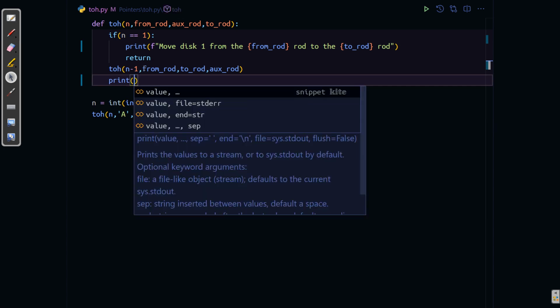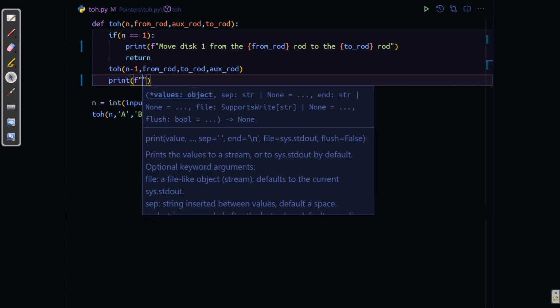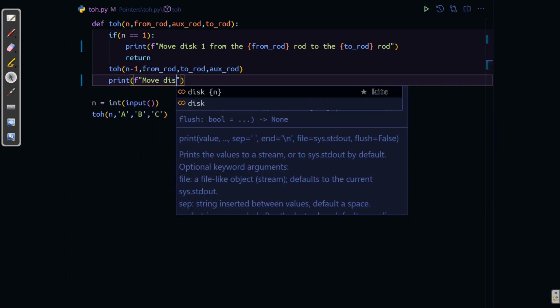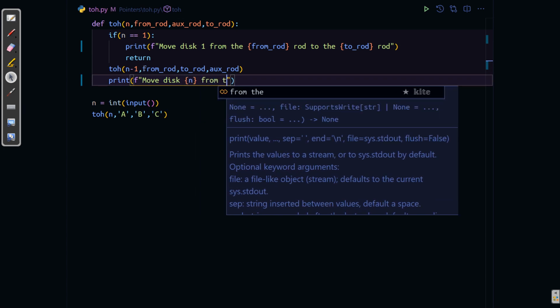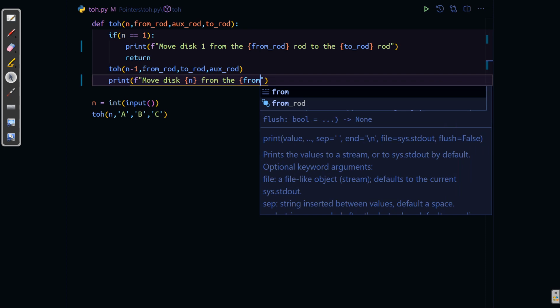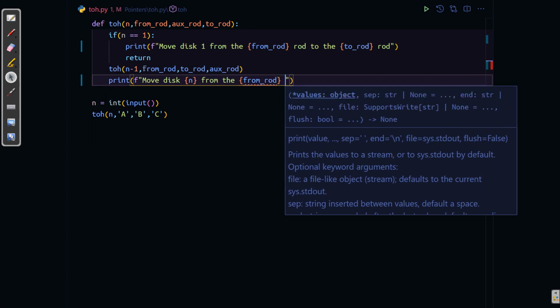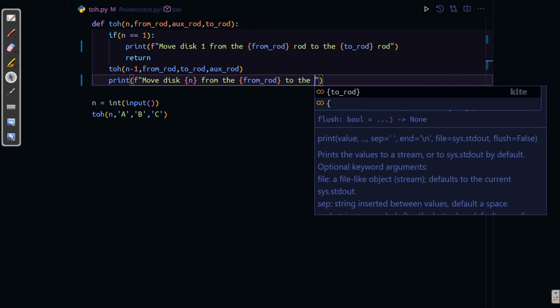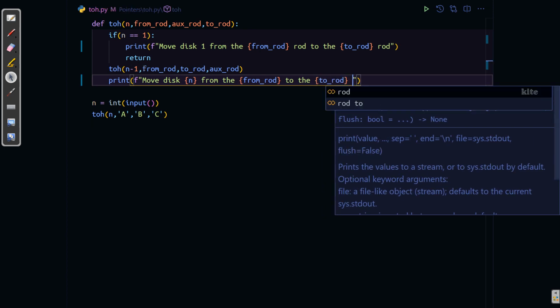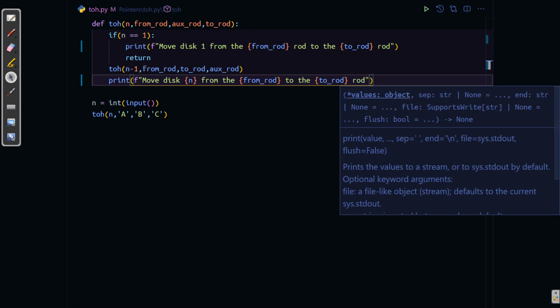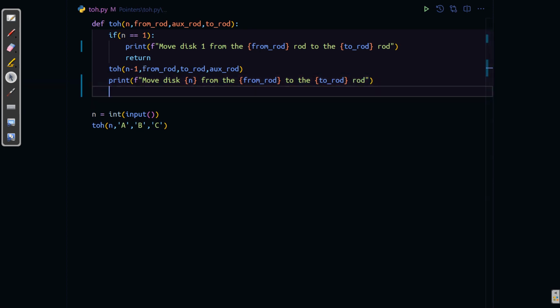So we will be printing again by formatting: move disk n. This is our third step, where we just move our nth disk from the from rod to the to rod. Next, you have to call recursion.